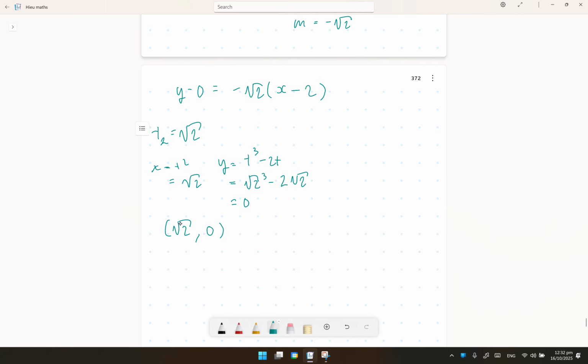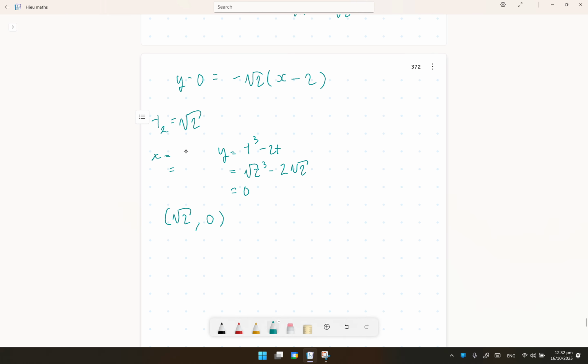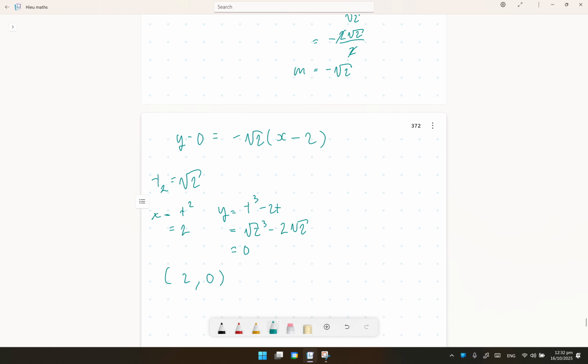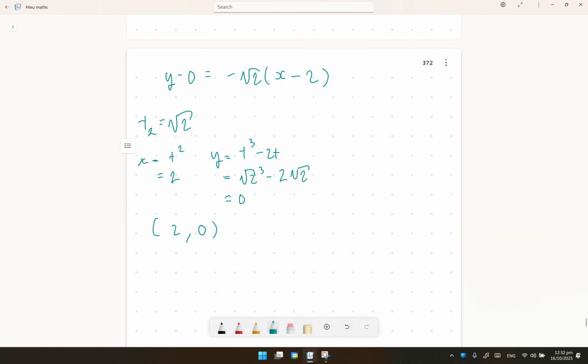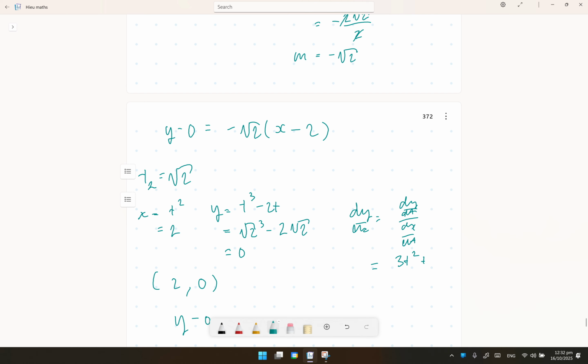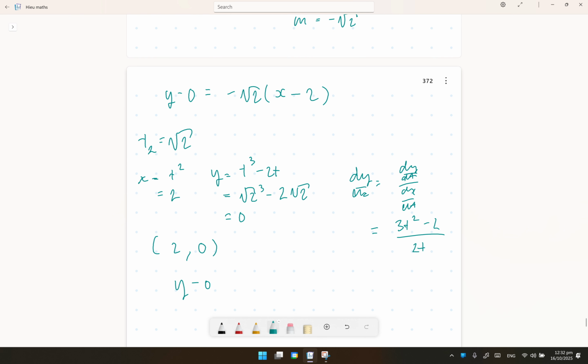Sorry, not root 2 here. T squared, root 2 squared is 2. So 2, 0 here. And so now we just need to find the gradient. Remember, dy over dx is equal to dy over dt over dx over dt, which is equal to 3t squared minus 2, over 2t.